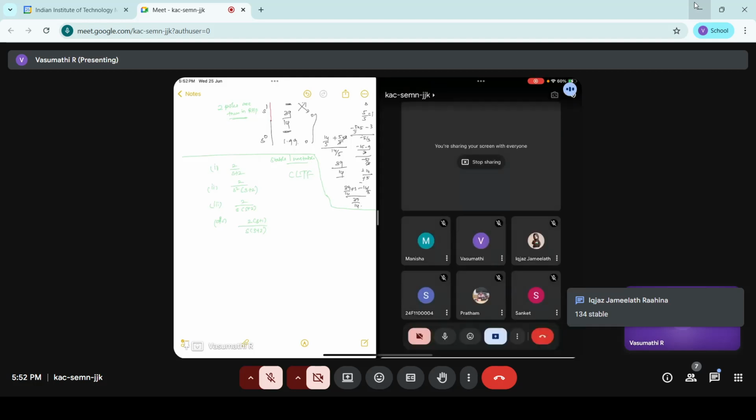Manisha, if you find, let me know. And rest all people, type it in the comment box. What do you find? It's for closed loop system. You don't have to find closed loop transfer function.